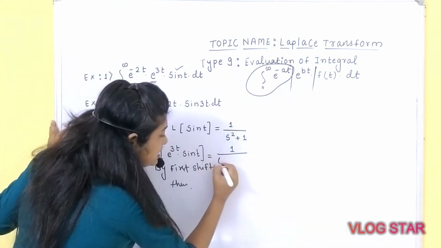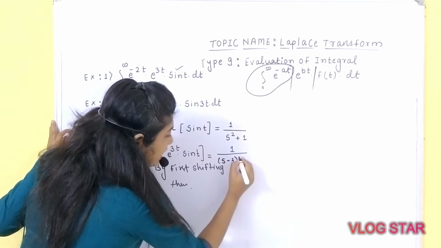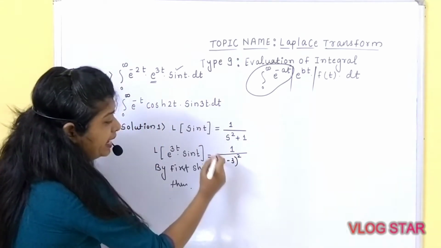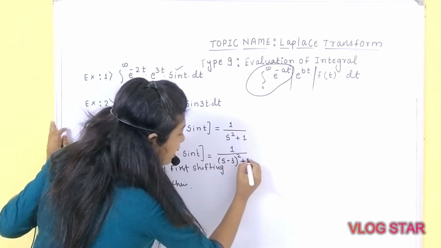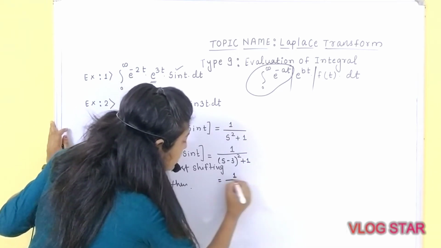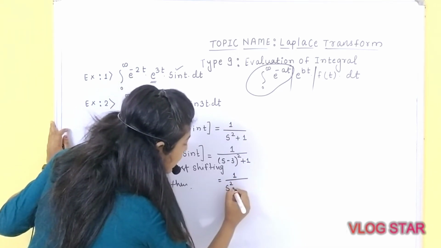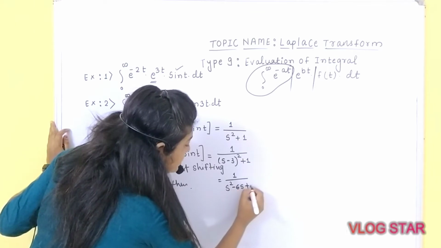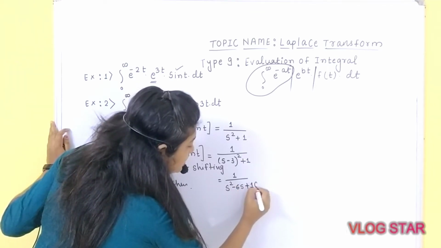So the answer is 1 upon (s minus 3) whole square plus 1. The final answer is 1 upon s square minus 6s plus 10.